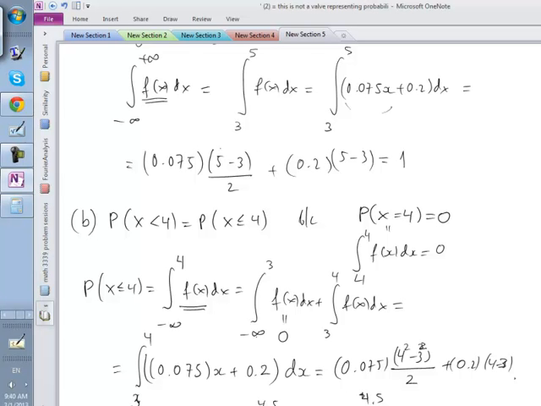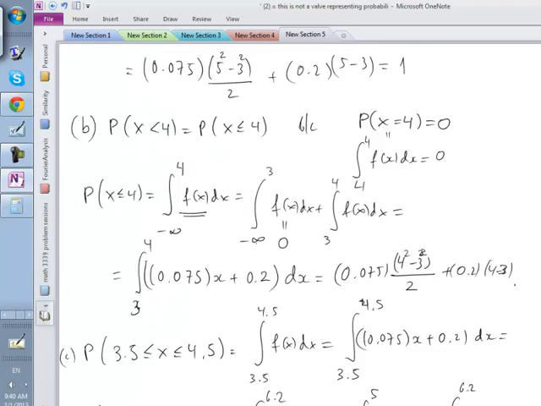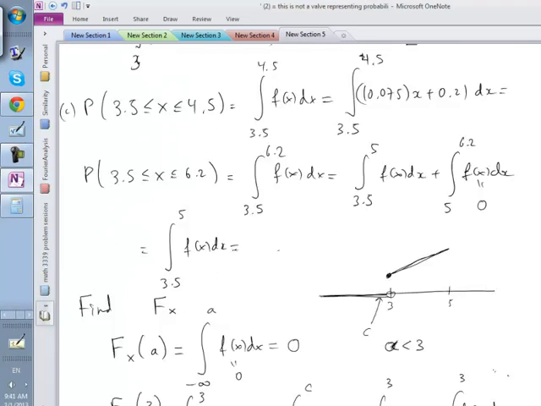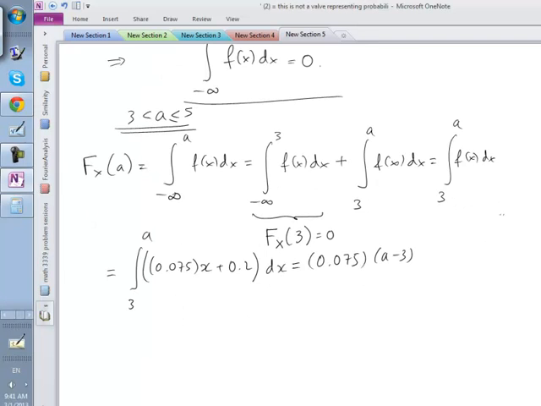So let me correct it. Small errors in the calculations. It is 0.075 times a squared minus 3 squared, divided by 2, plus 0.2 times a minus 3.